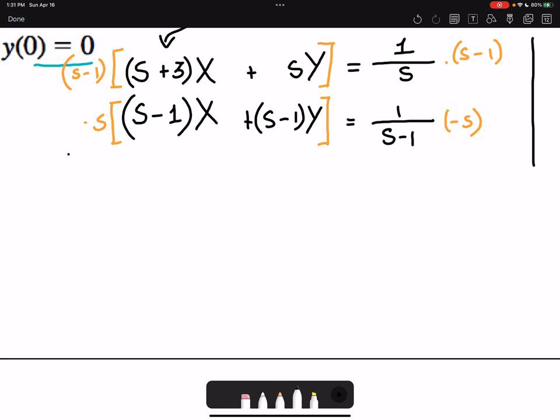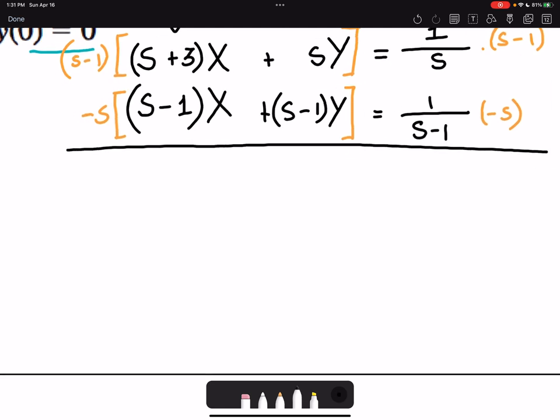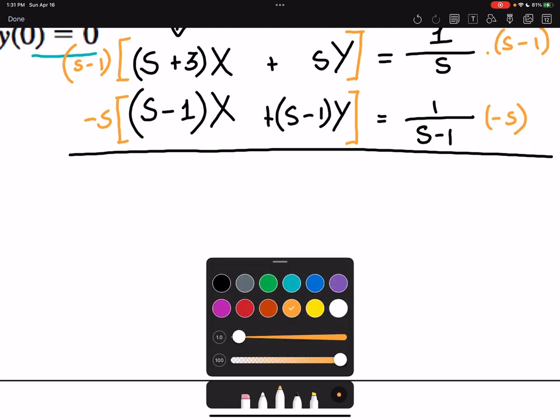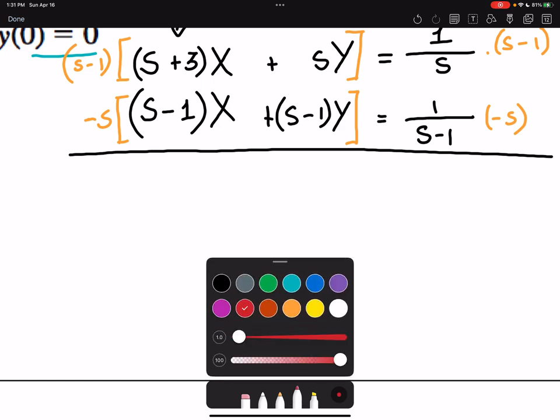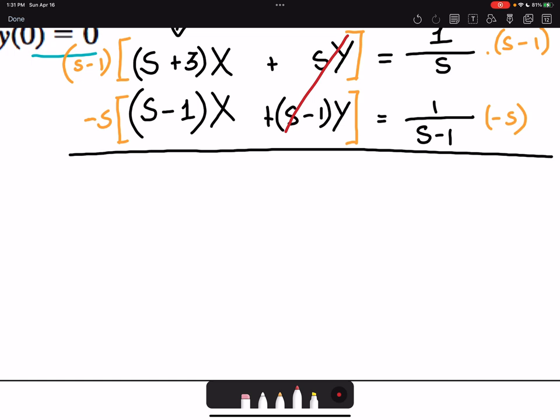Okay, and now I want to add these results up. That's a negative, so I know that the Y is going to cancel out. That's what I intended to do with this. And if you notice, s minus 1 times s Y minus s times s minus 1 Y, those two cancel out.